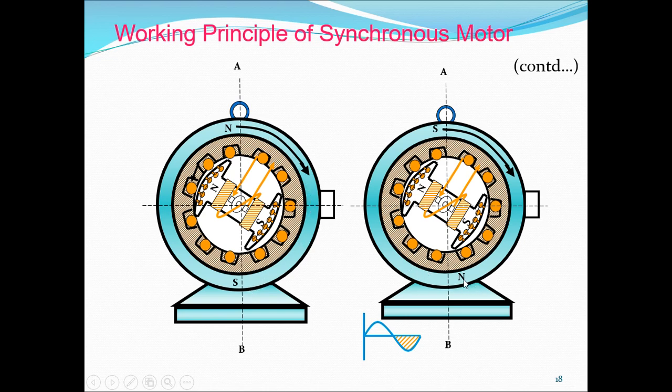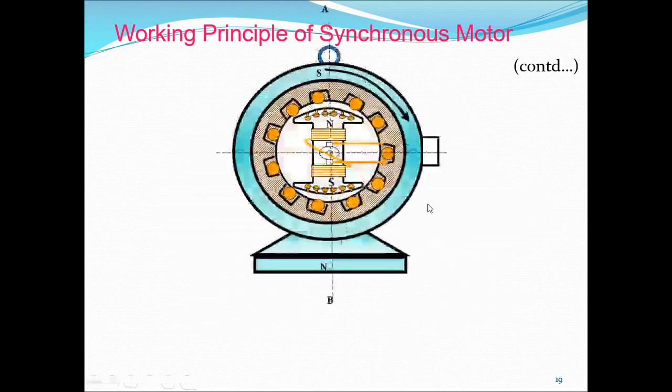See here, the north pole reached here. So again, the north pole of the rotor and the north pole of the stator repel each other, and it is rotating in a clockwise direction. That means the rotor is pulsating, that is, fluctuating between these two poles. It is not possible to start.